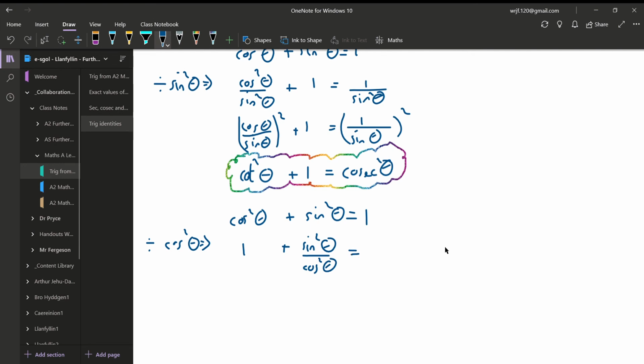And on the right hand side there we'll have 1 over cos squared theta. And by a similar argument from the one that we had above, sine squared theta over cos squared theta is the same as the square of sine theta over cos theta. Sine theta over cos theta gives me tan theta, so here I've got really 1 plus the square of tan theta, or 1 plus tan squared theta.